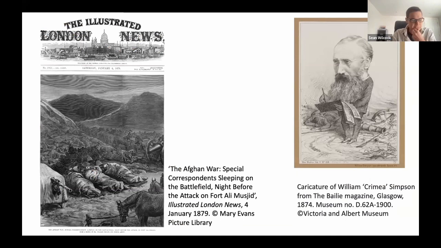The writer Rudyard Kipling, the bard of empire, as he was known, wrote a story in 1890 called "The Light That Failed," and in that story, one of the main characters is a special artist, as they were called, a special correspondent, one of these artists who goes out and sketches war.